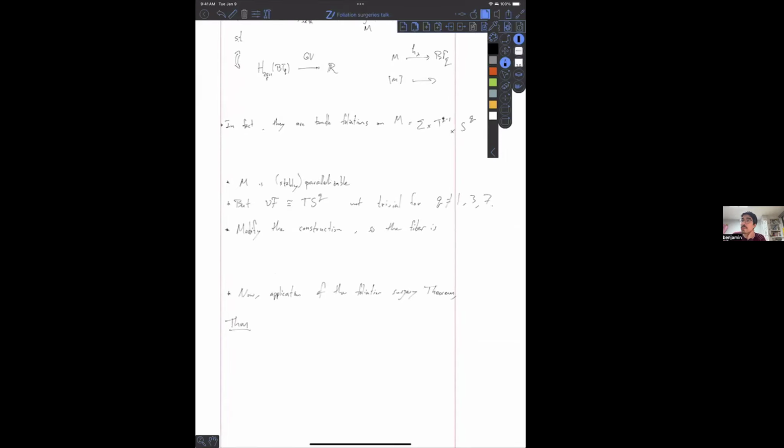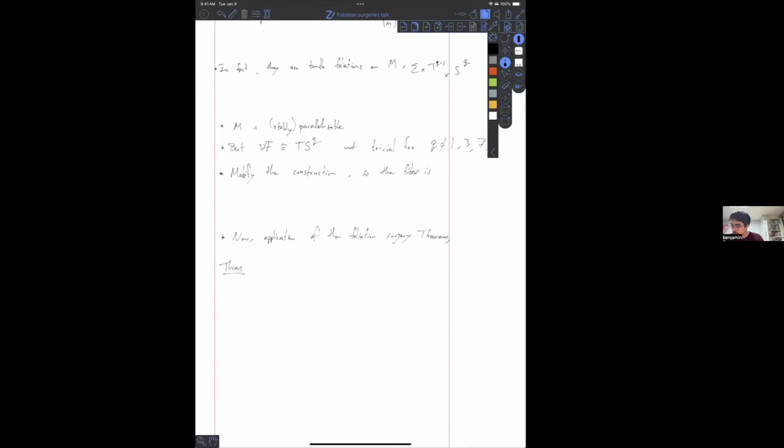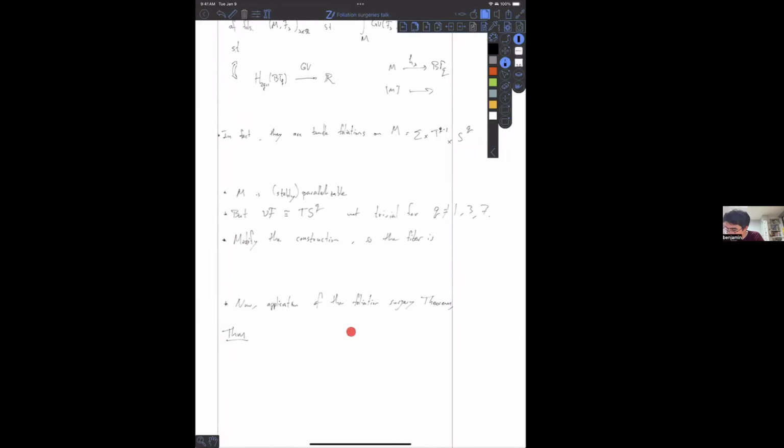So what you can do is modify the construction. The fiber is, instead of S^Q, there are a lot of different ways you can modify it, but you can, for example, take S^3 times T^(Q-3). Did I get the dimension right there? Maybe Q minus 2.